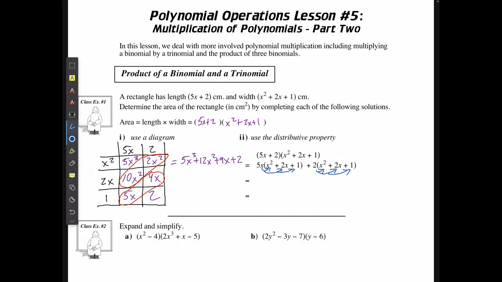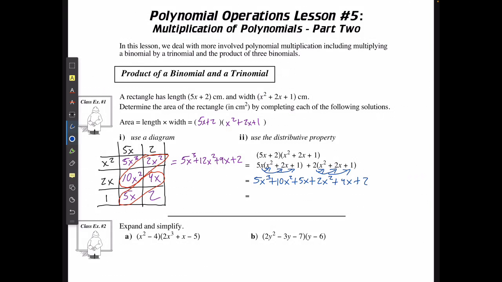So, just like in the last case, 5x times x squared gives me 5x to the 3. 5x and 2x gives me 10x squared. 5x and 1 gives me 5x. 2 times x squared gives me 2x squared. 2 times 2x gives me 4x. And 2 times 1 gives me 2.